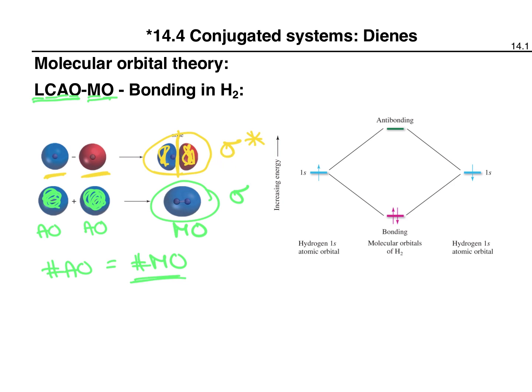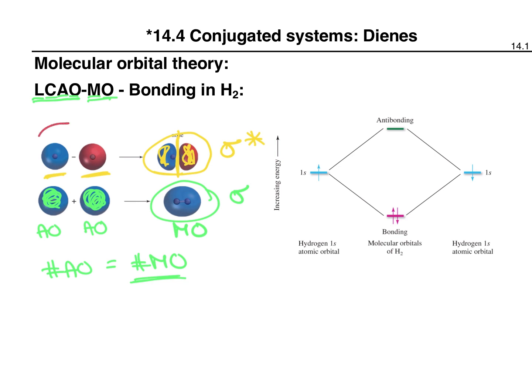The sigma is the lower energy because we have electron density between the two nuclei. That's going to make it stable. Our sigma star is antibonding, that's higher energy, because there are no electrons in between the nuclei holding those atoms to each other.